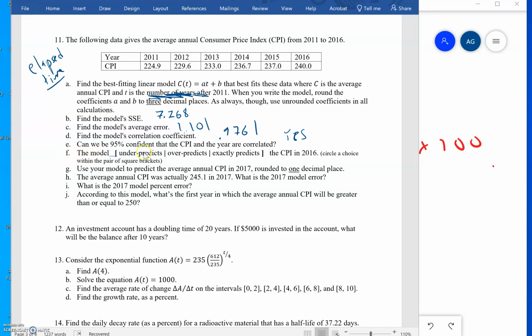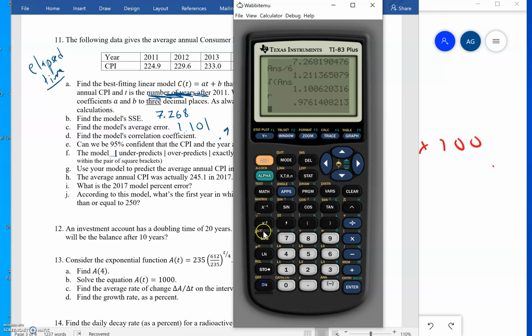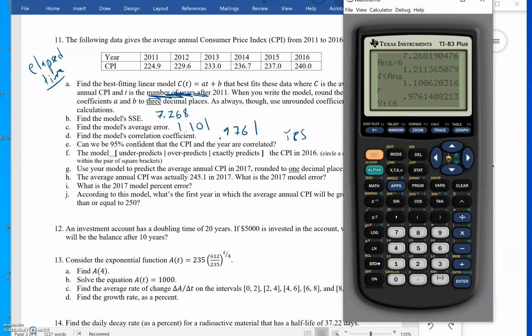For part F, how does the model predict the CPI in 2016? Well, the actual value is 240. Let's look at the predicted value. That's going to be the value of the function in year 5. $240.776.